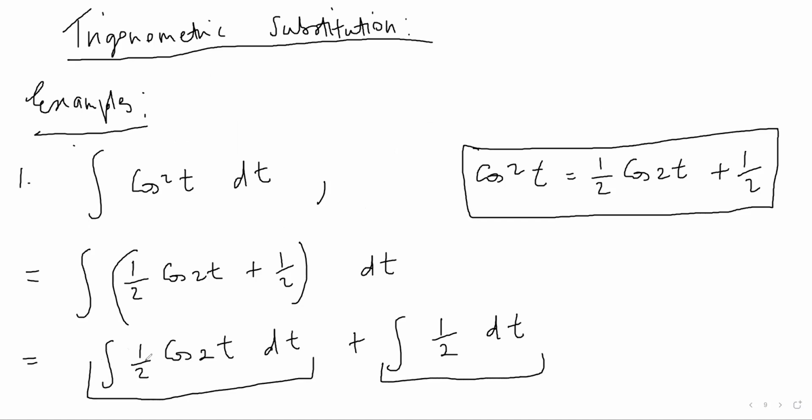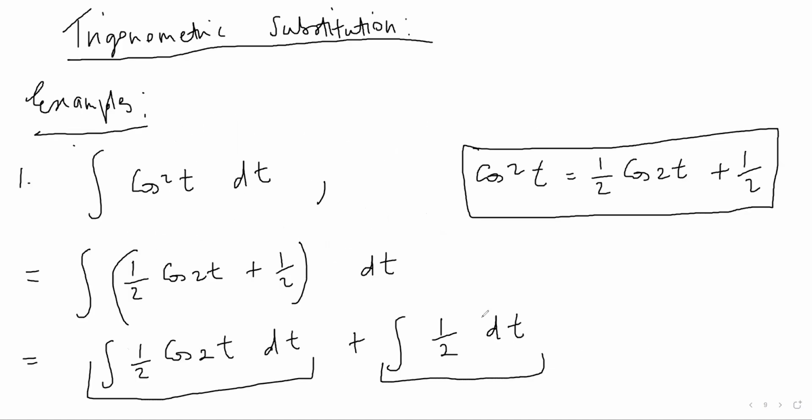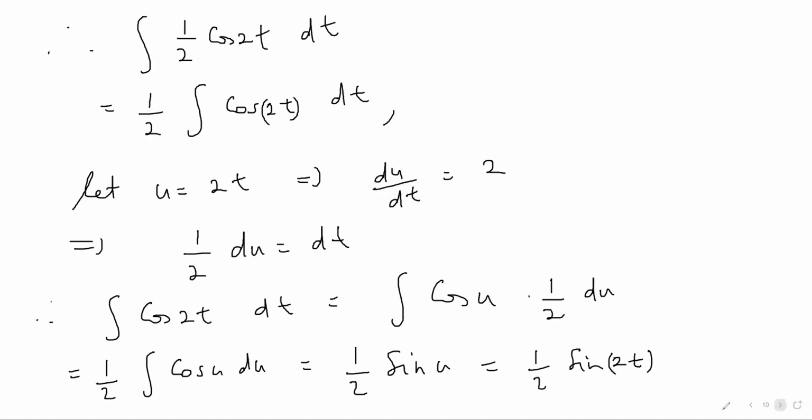Now this integral here, the half cos 2t dt, is equal to a quarter sine 2t. And we add this to the second integral there, which is half dt, and that's a half t.